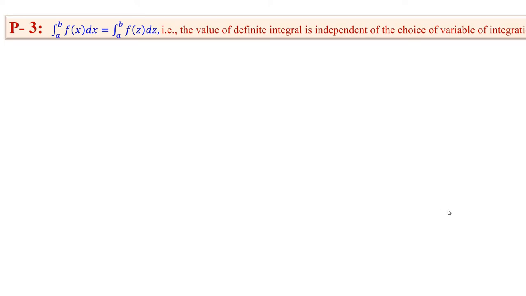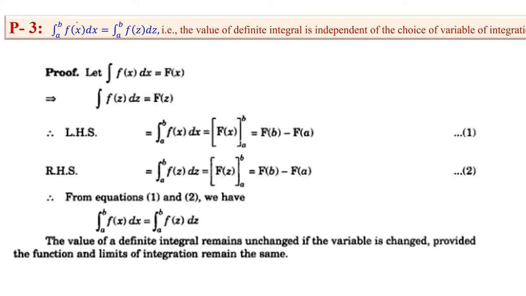So in any integral, this is called the variable of integration, and the whole lot is called the integrand. And of course this is the lower limit and this is the upper limit.